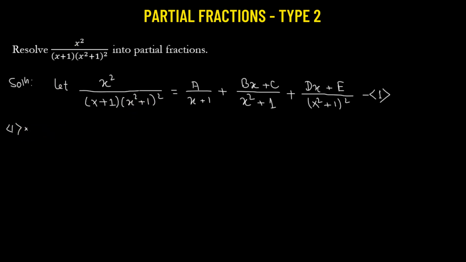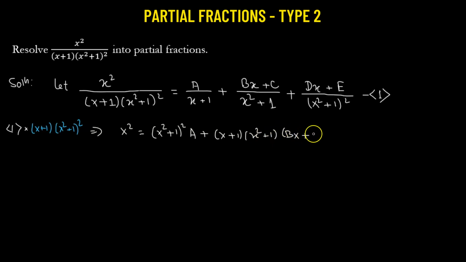So we're multiplying both sides with x plus 1 multiplied by (x squared plus 1) whole squared, such that we get x squared on the left hand side, and on the right hand side we will have (x squared plus 1) whole squared multiplied by a, plus (x plus 1) multiplied by (x squared plus 1) times (bx plus c), then plus (x plus 1) multiplied by (dx plus e).